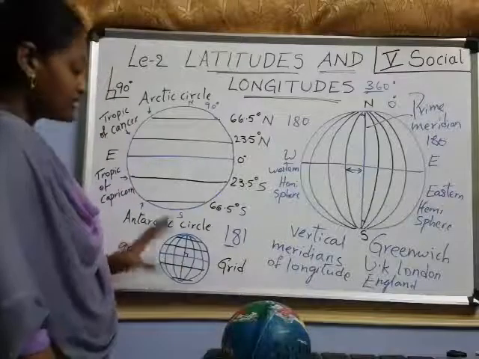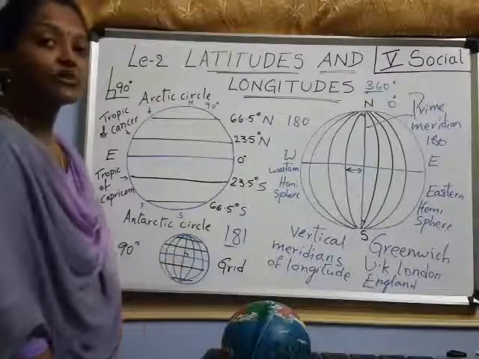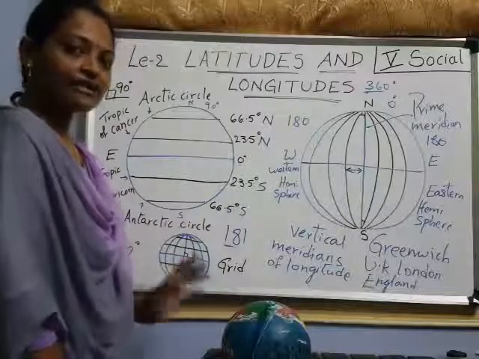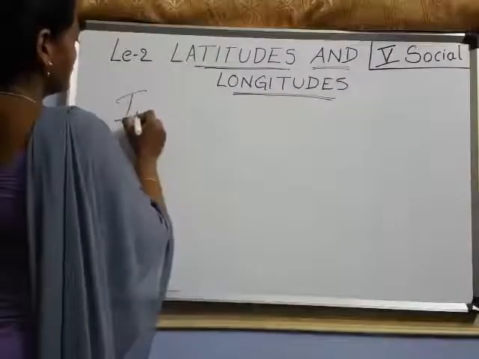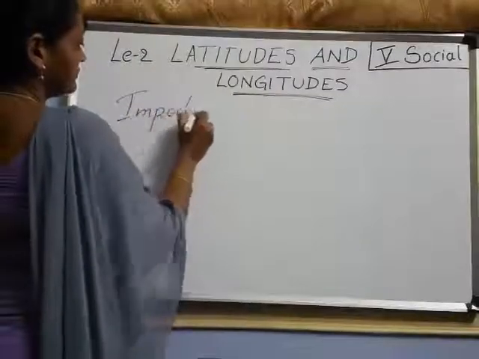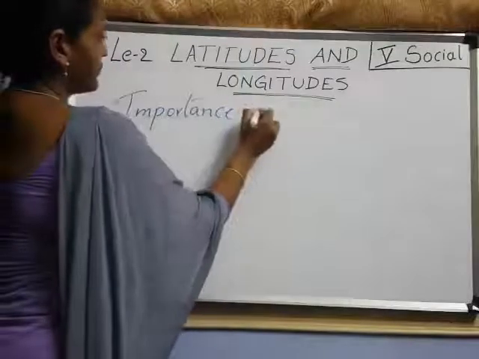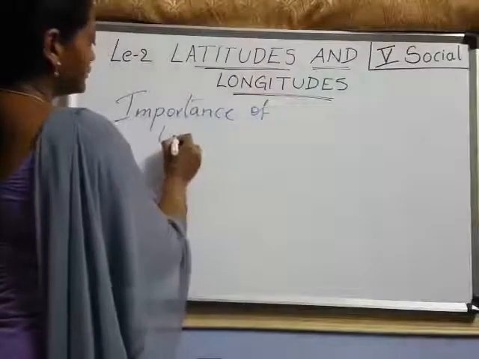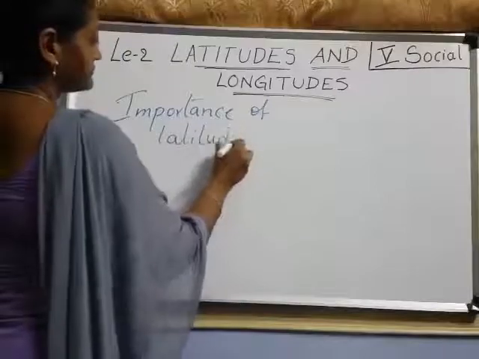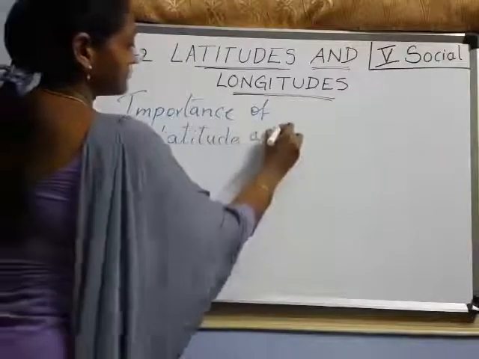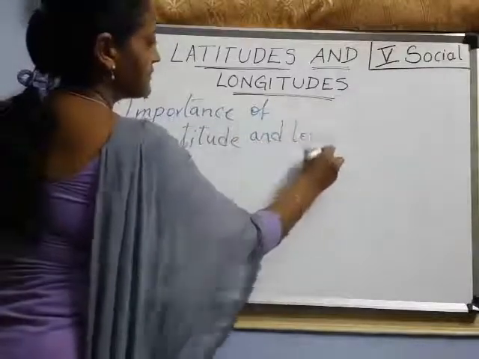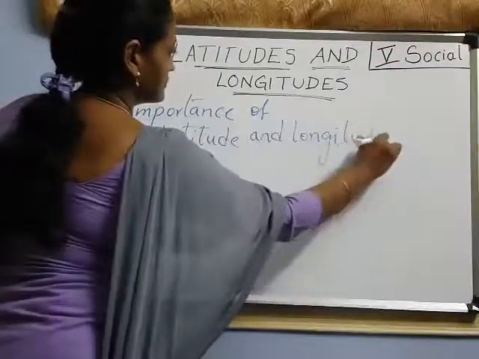Got it? See, these two lines help to locate a place on the globe. Importance of latitude and longitude. What is the main importance of this?